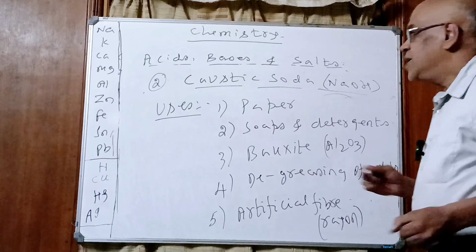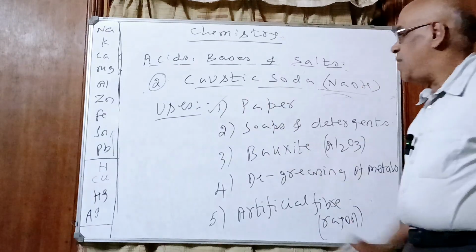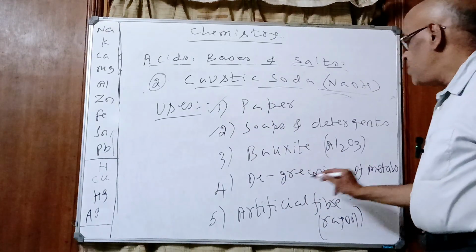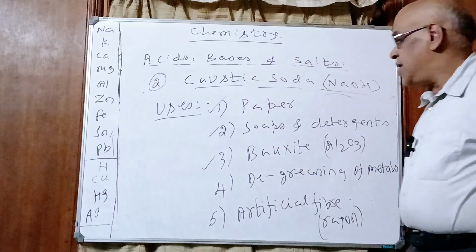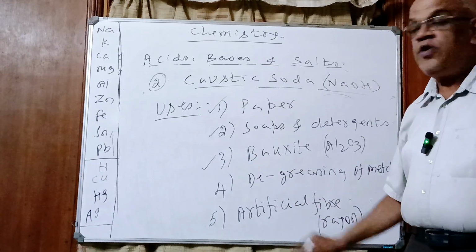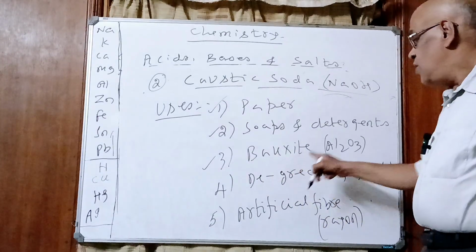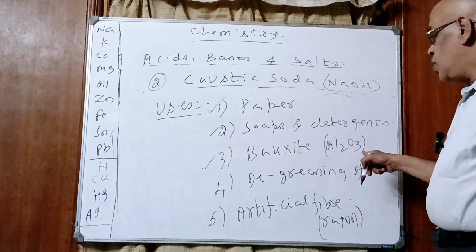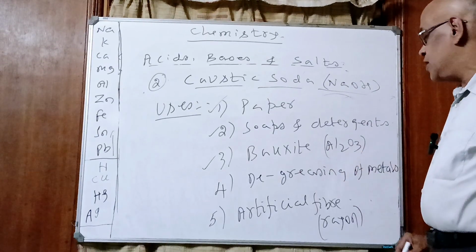What are the uses? Caustic soda is used in the manufacture of paper, soaps and detergents. Third, the purification of bauxite ore from which aluminium metal is extracted. Bauxite is the ore of aluminium, that's aluminium oxide.